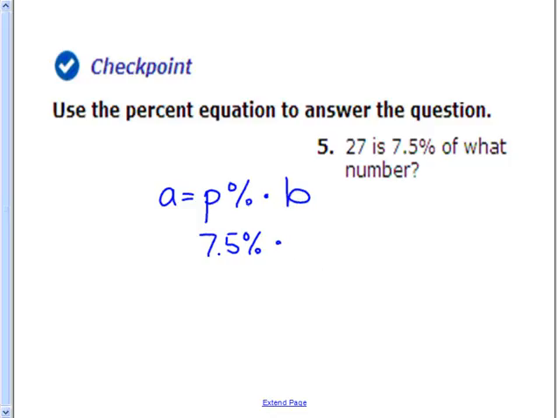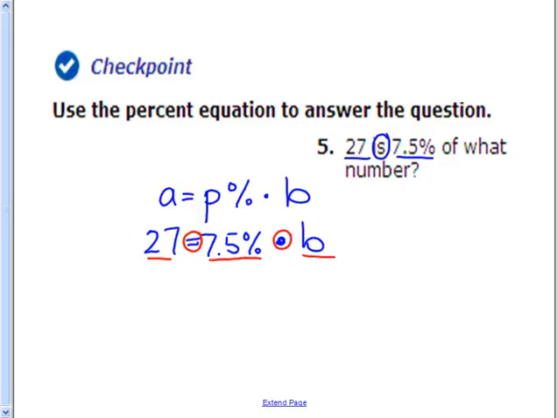Wait, whoops, let's see. 27 is 7.5% of what number? I don't know B, do I? Look at how this is just a direct translation of what I just said. 27 is 7.5% of what number?